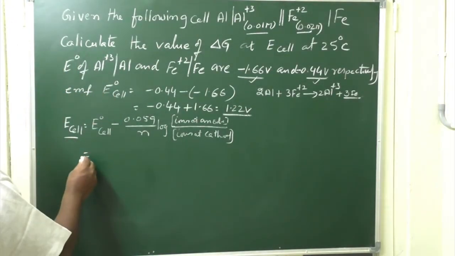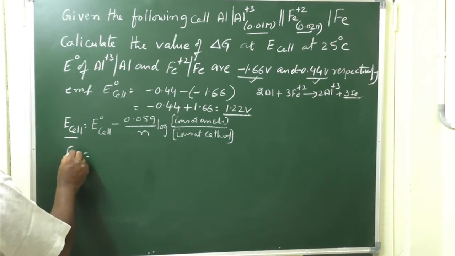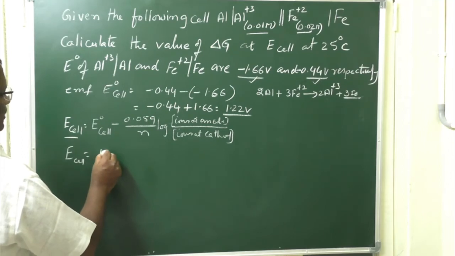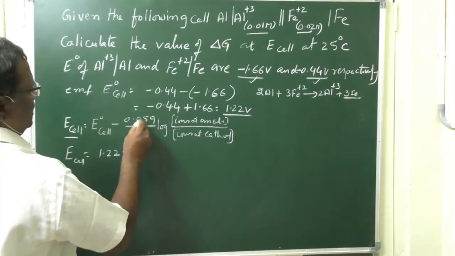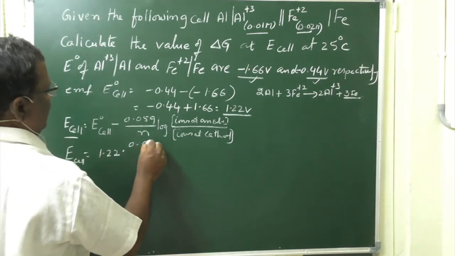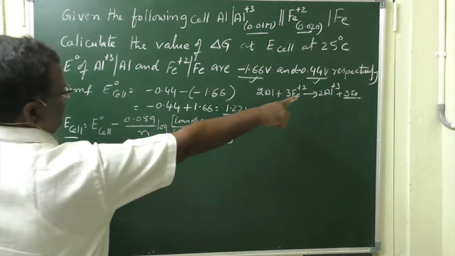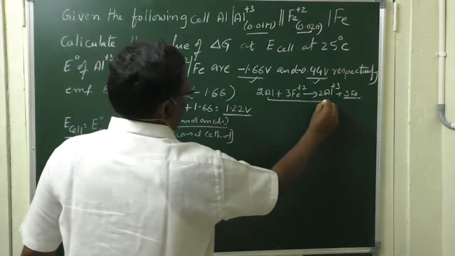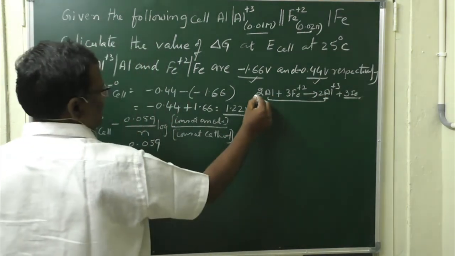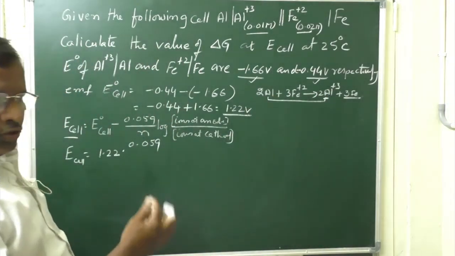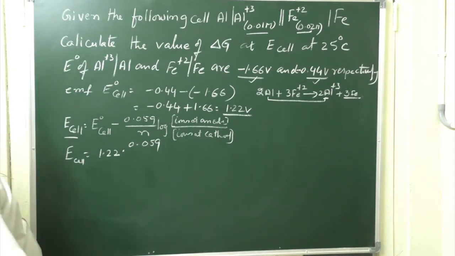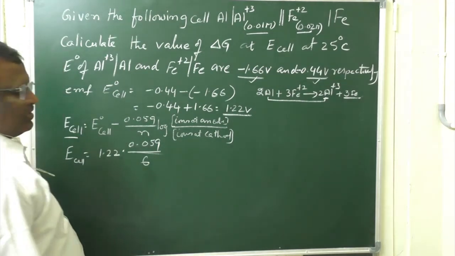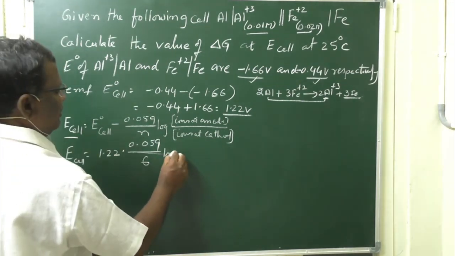We have to find out E cell. So E naught cell is 1.22 volts, 0.059, and the number of electrons involved is 6, because Al is converted into Al3+, the change of oxidation state is 3. Since 2 ions are involved, 2 into 3, 6 electrons are involved. So n is equal to 6, log.